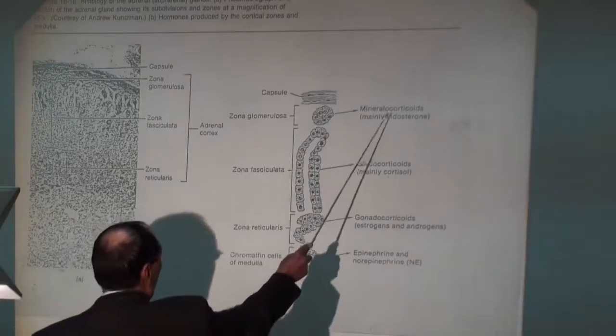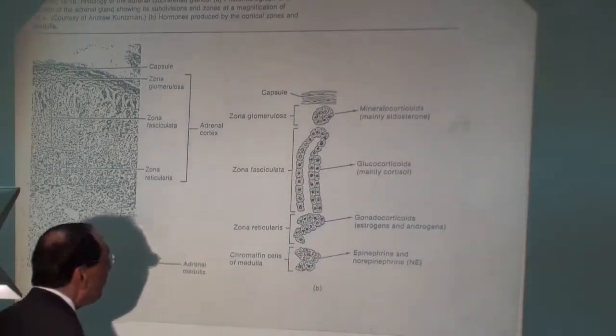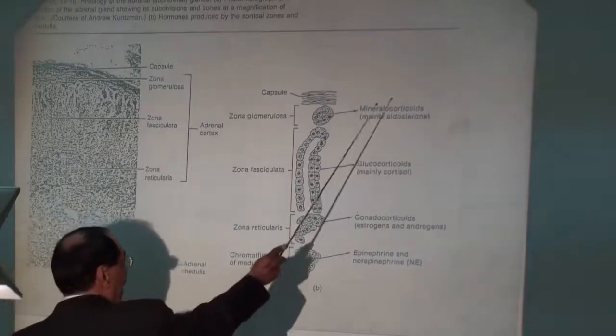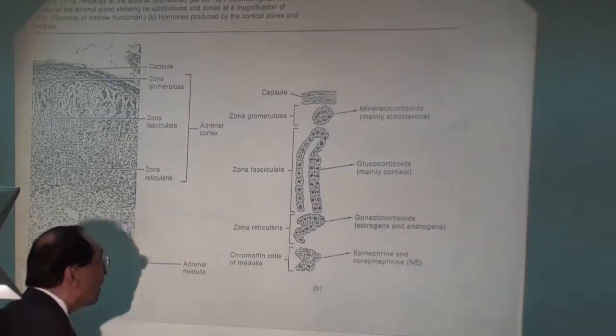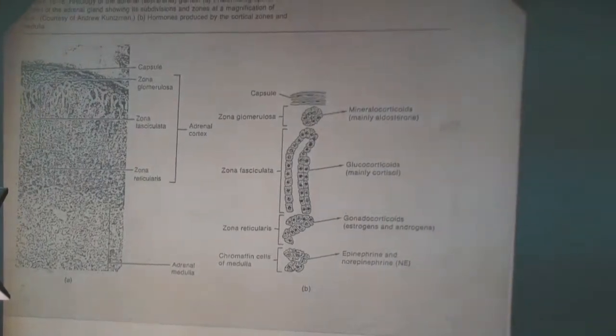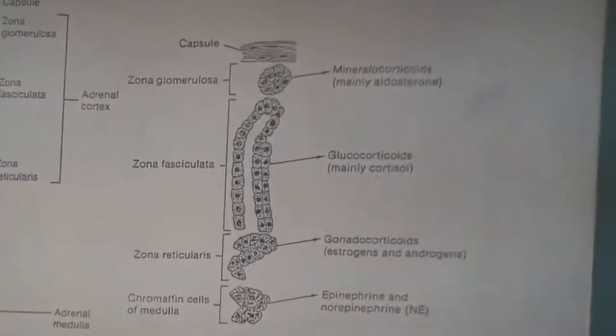And then you see these hormones, the mineralocorticoids, they affect the minerals, mainly sodium, chloride, etc. These hormones affect the volume of the fluid in the body as well as blood volume, therefore affect the blood pressure.